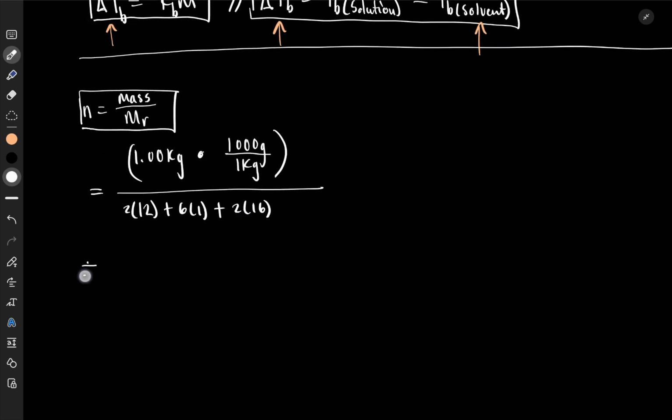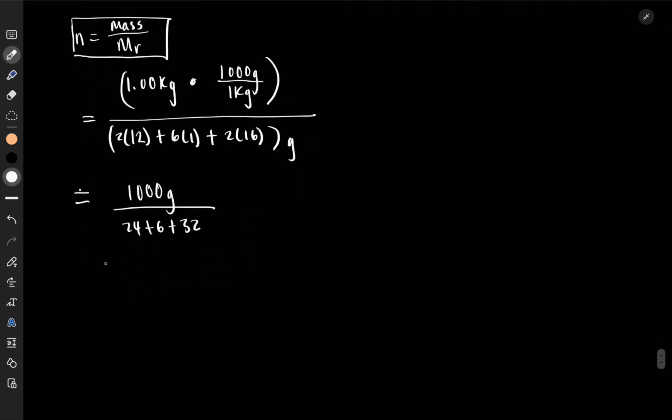Then I can get the number of moles. It's mass over Mr. And this is grams. The Mr is always in grams. So now we'll have 1,000 grams over 24 plus 6 plus 32. And you have 1,000 grams over 52?